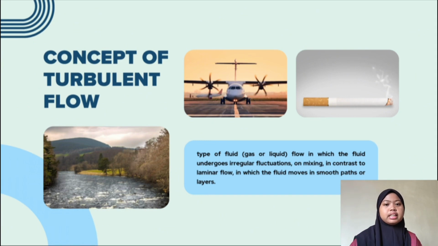The velocity and direction keep changing, causing swirling movements called eddies. Examples are river water, flow around an airplane, and smoke from a cigarette. Even though turbulent flow causes more energy loss, it's still very useful because it helps with mixing and heat transfer in many processes.